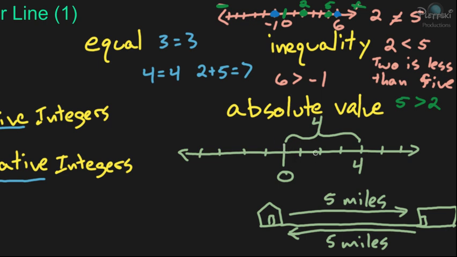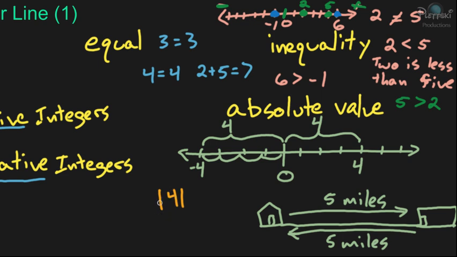So the distance away from 0 of 4 is 4, and also the distance away from 0 of -4 would also be 4. Okay, so the absolute value of -4, or the distance away from 0 of -4, would be 4. And you can count that as 1, 2, 3, 4. Okay, and the way we write absolute value in math terms would be with 2 vertical lines.